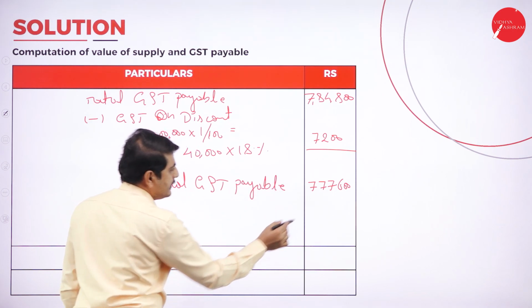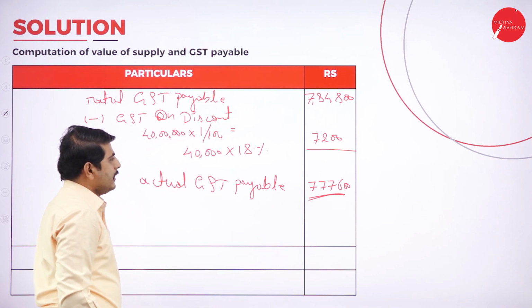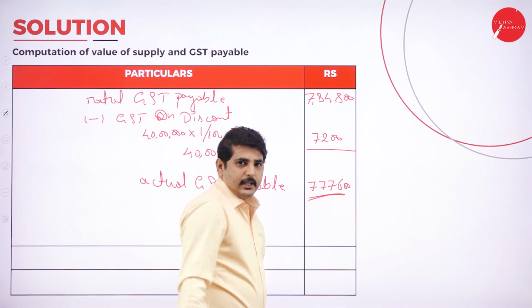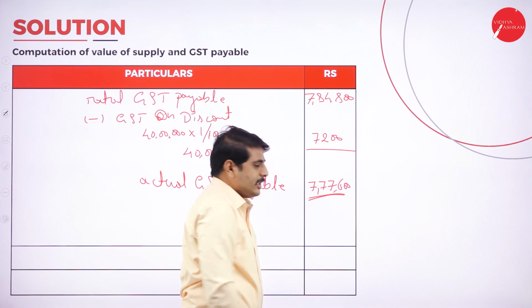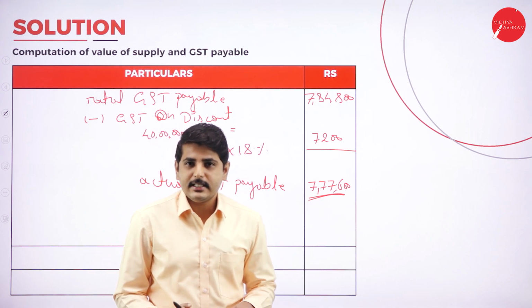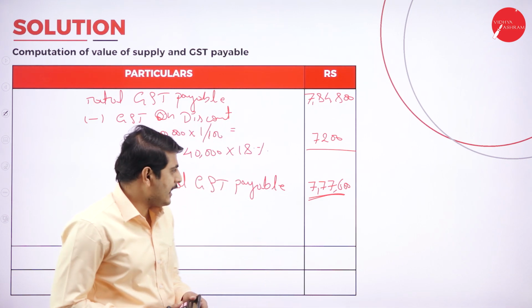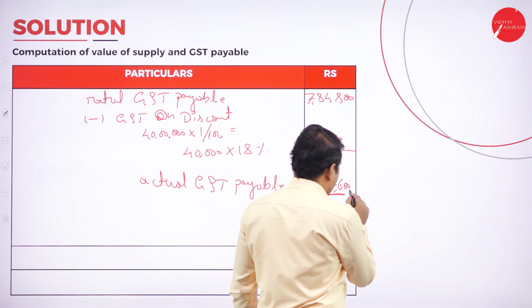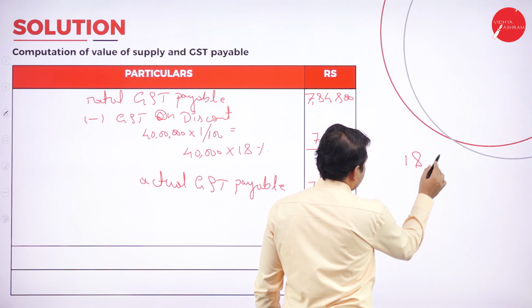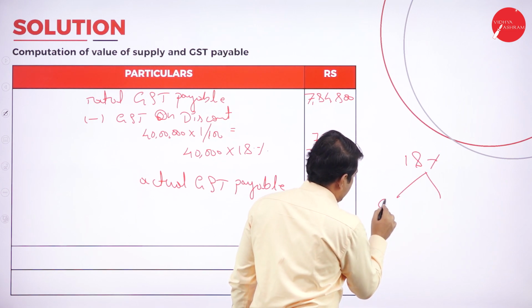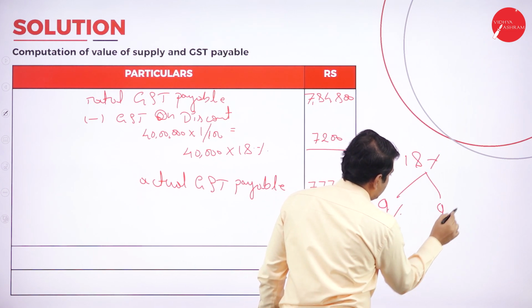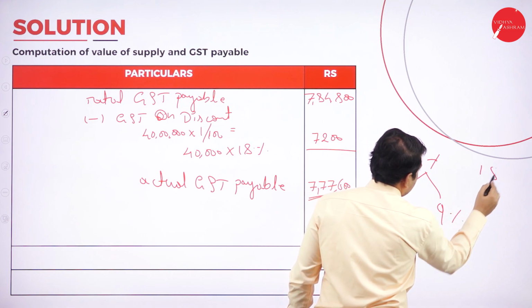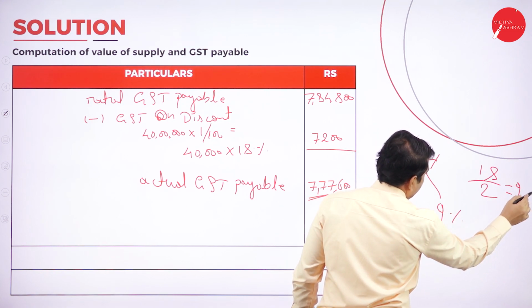Actual GST payable is this amount. Now, out of this amount 7,77,600, how much is the CGST? How much is the SGST? So let's bifurcate CGST and SGST. This is 18% now. So 18% divided by 2 equals 9%, right?